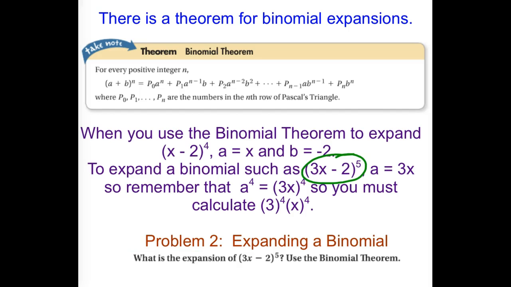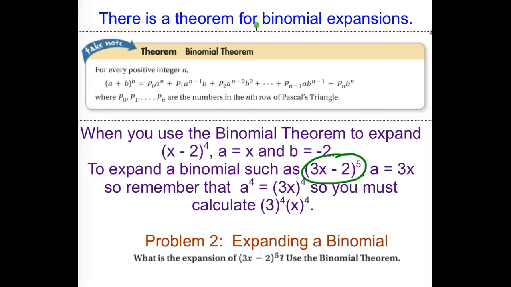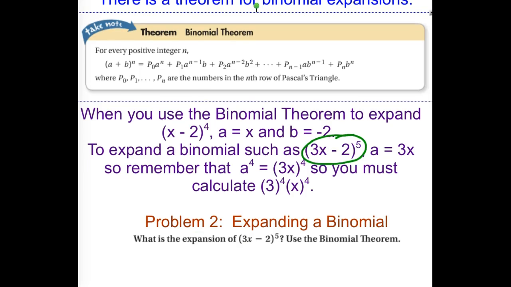And notice your powers for a go down. We have a to the nth, then a to the n minus 1, a to the n minus 2. Your b's go in the reverse direction. It ends with b to the nth and works backwards. Okay? So again, that's kind of the formal way of writing what we've just been talking about.